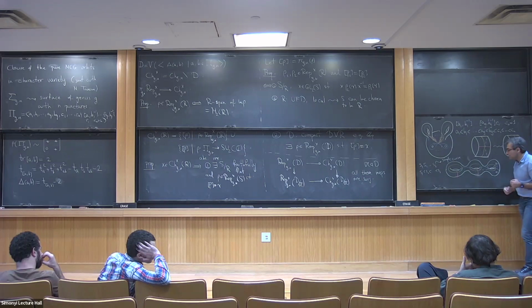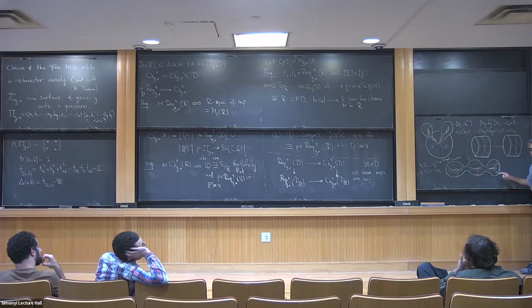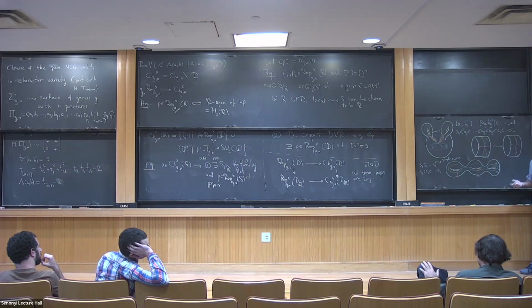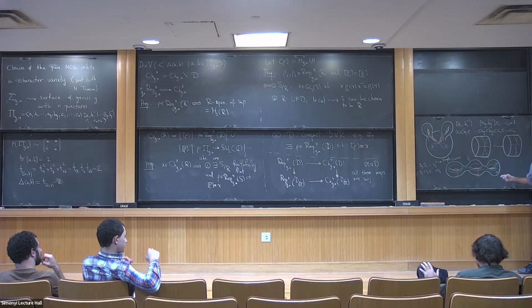And what is known is that, now that's one part. The other part is when I give you a diffeomorphism, I'm just permuting the punctures at the end of it. By passing to a normal subgroup, I can fix all of them. That subgroup is called the pure mapping class group. So the pure mapping class group fixes all the punctures.